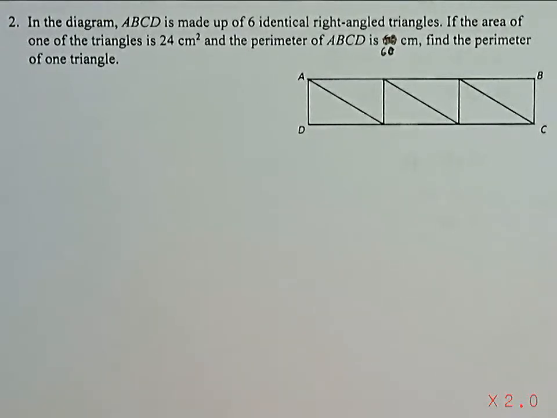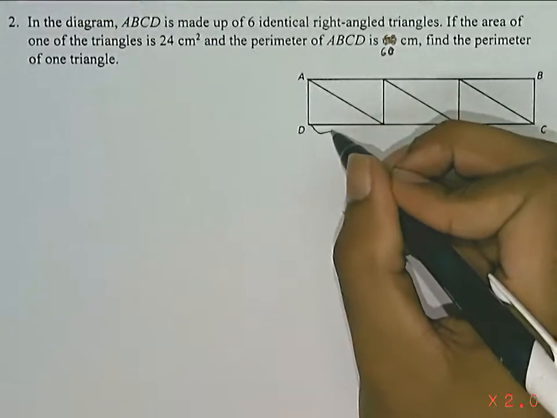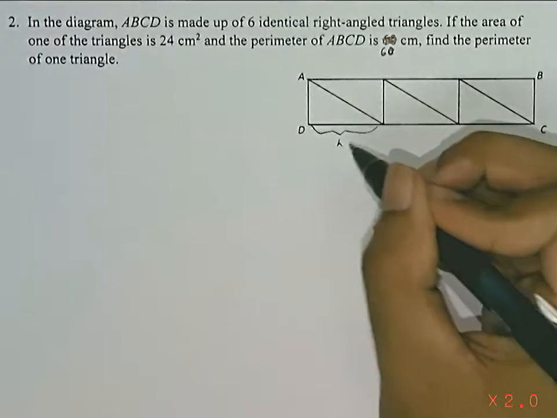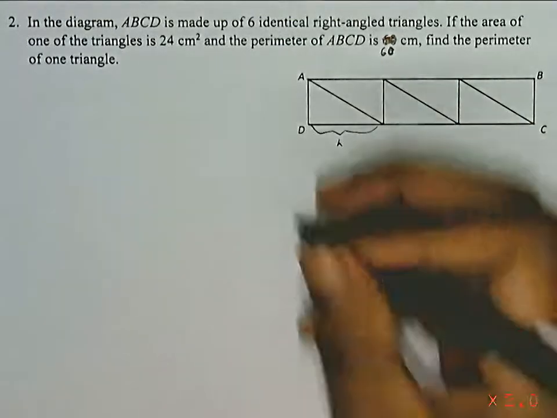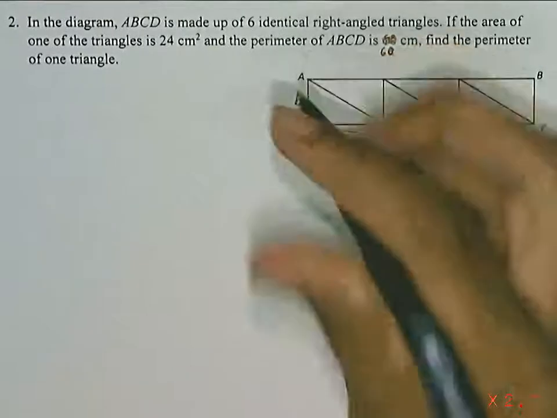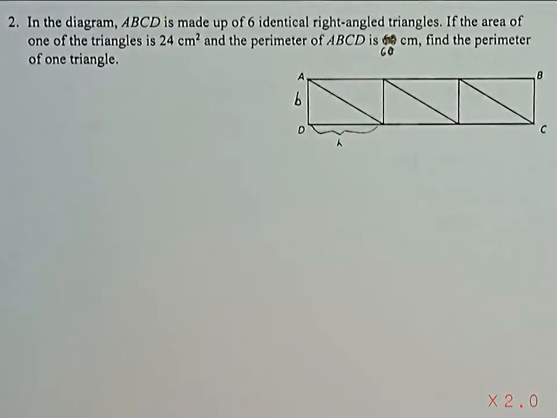So first things first, we need to define our unknowns. I will let this length be h and I will let this length be b. Right, so let's write it down.